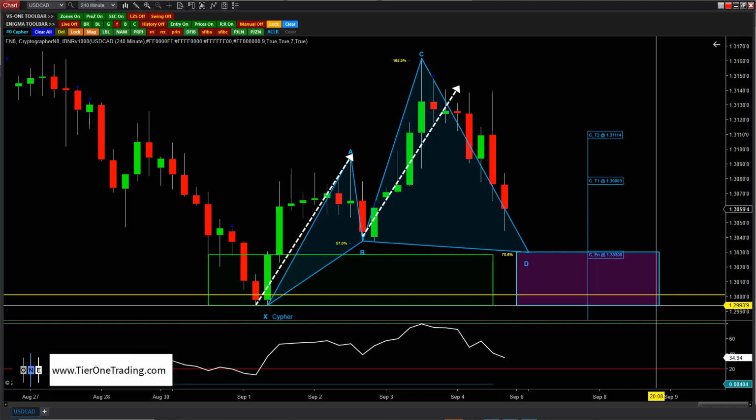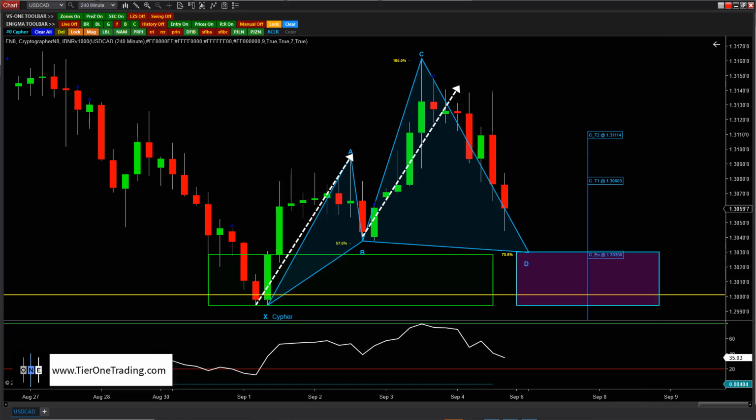And of course, you can capture the best of both worlds, maybe by taking a multiple target position, taking a half position off at a pattern target, and then letting the second half position ride for the bigger move. So definitely keep this cipher on the radar as we head into the week ahead.